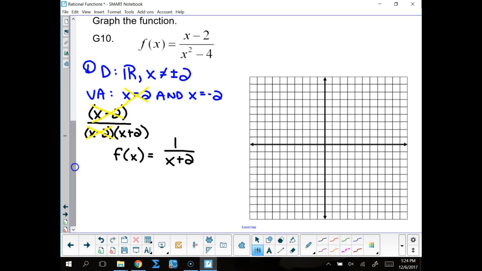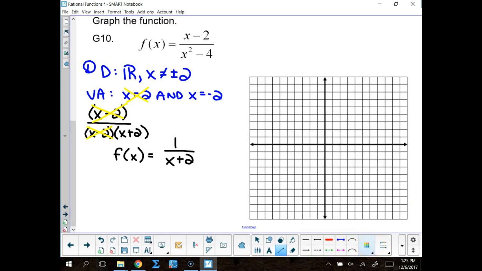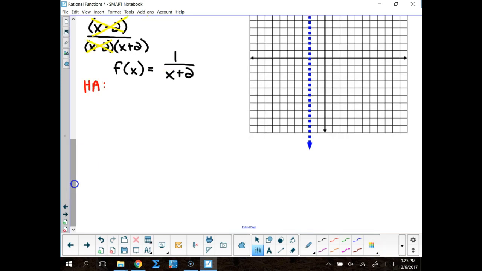So, now I can put my vertical asymptote on my graph at x equals negative 2. Do I have a horizontal asymptote? Where is it? It's at y equals 0. Degree on the top is 0, degree on the bottom is 1. So that's y equals 0.